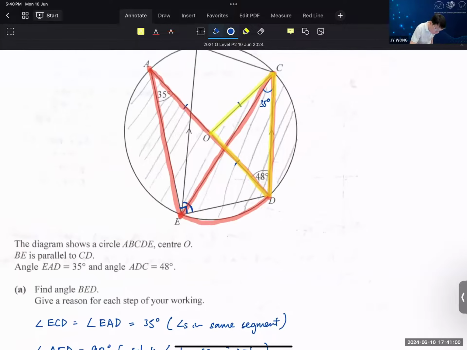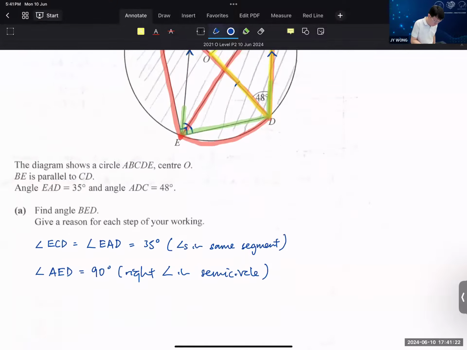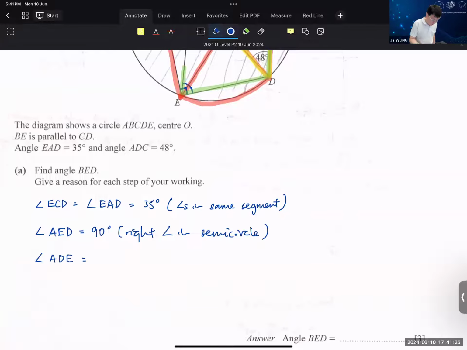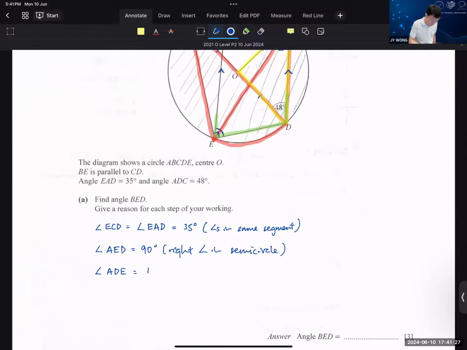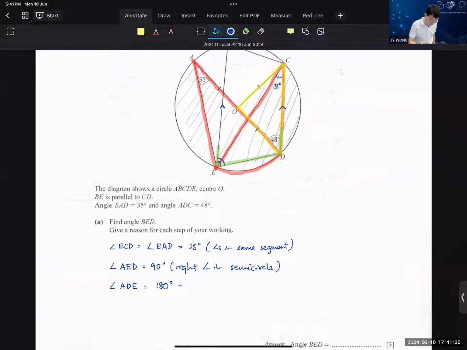So obviously they gave you these parallel sides for a reason, right? If those two lines are parallel, your angle BED and this angle would have parallel sides. And so the next angle you should find is angle ADE. Angle ADE is just 180 degrees, minus away the 90 degrees that we found, and minus away your 35 degrees. That will give you 55 degrees.